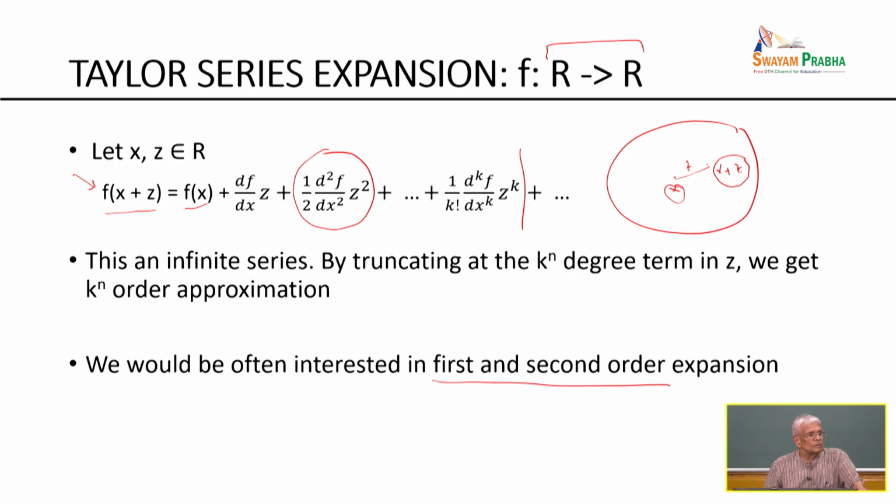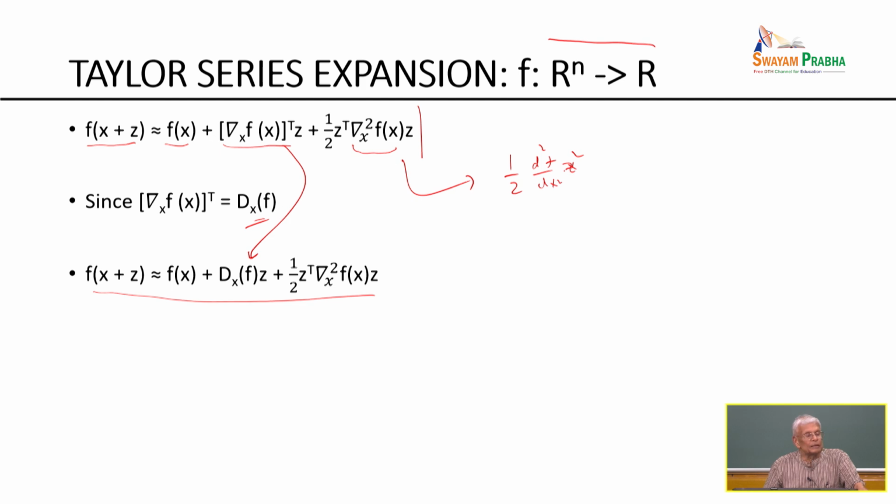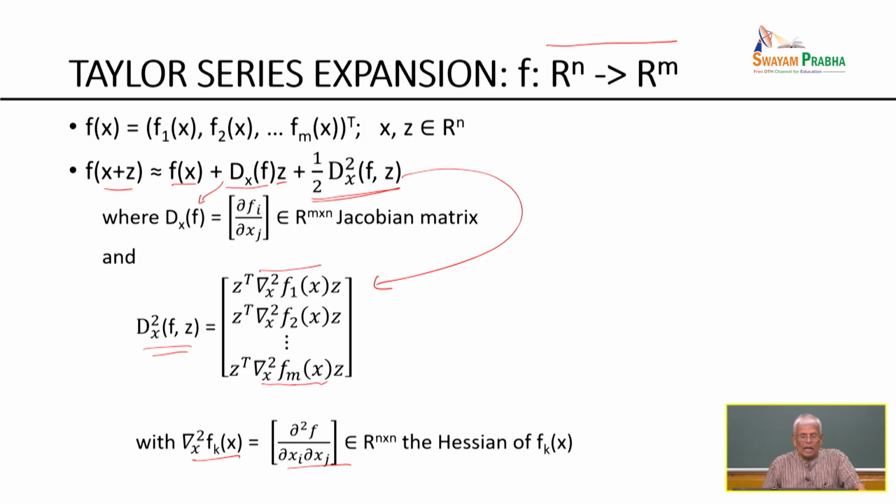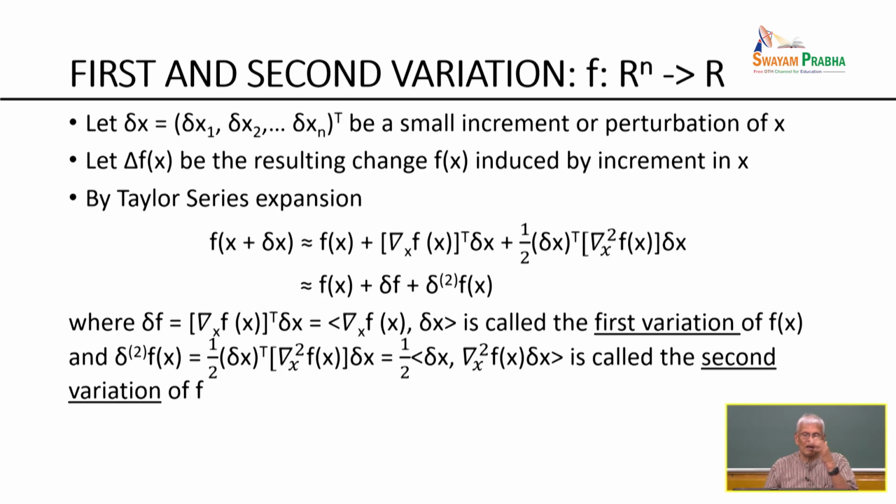The analog of the first derivative is the gradient or Jacobian, and the analog of the second derivative is the Hessian. This is a vector of quadratic forms with respect to Hessians. These are very basic things. Generally, you don't do these things in a calculus class, but this is what is needed when you want to do mathematical analysis in the multivariate case. Now I'm going to talk about an associated concept called variation, first variation and second variation.